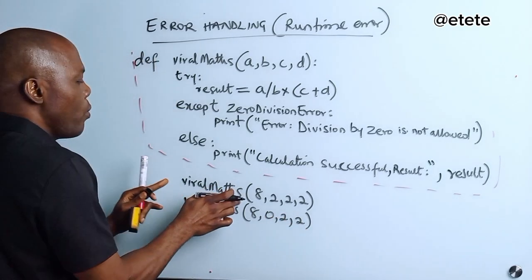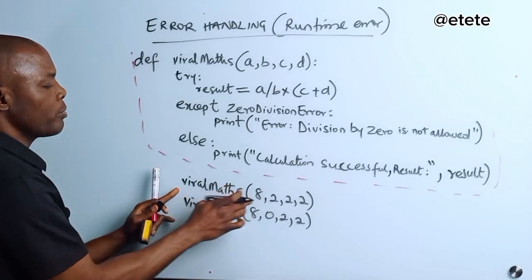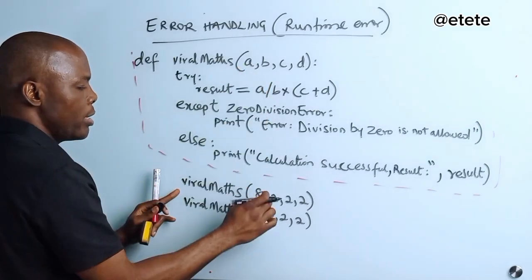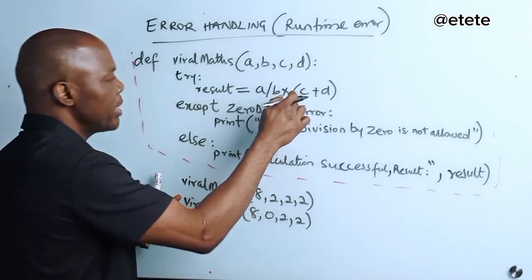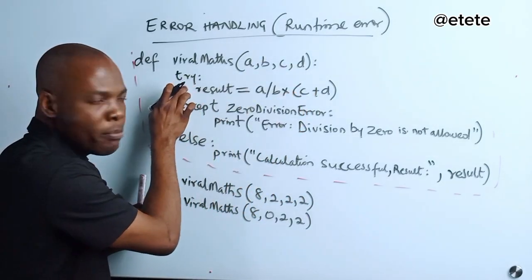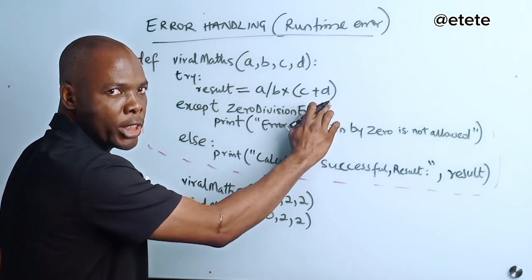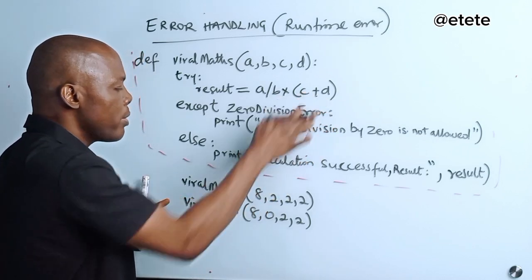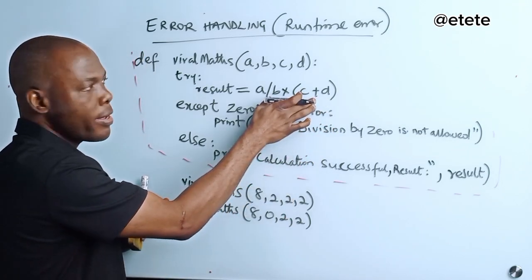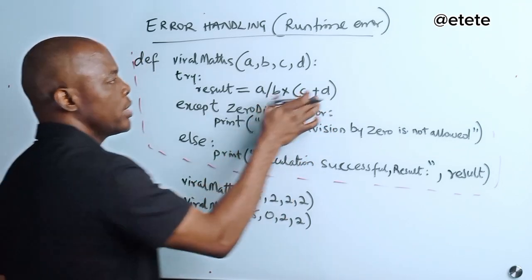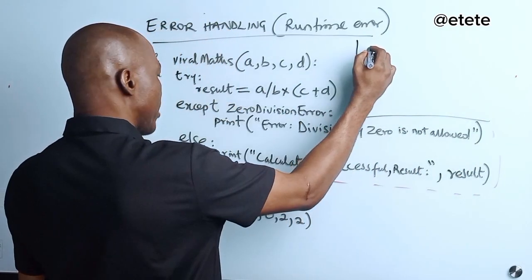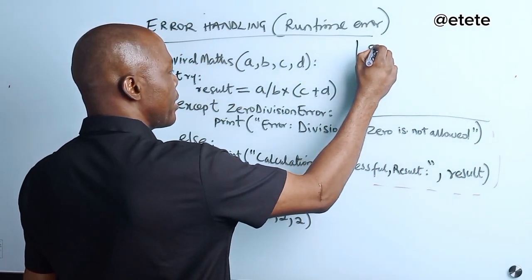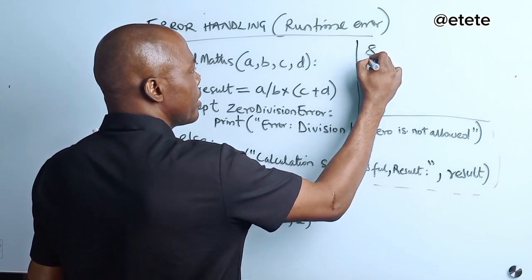Now, when I do this, the first one will give 8 to A, 2 to B, 2 to C, and the other 2 to D. Then it will go inside my try block, and this calculation will be done. There will be no error at this stage.